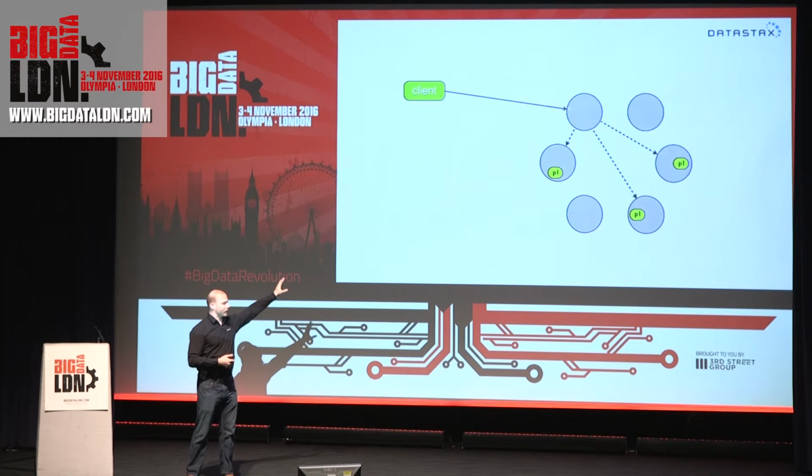And there are no masters either in this system. I've represented a piece of data, partition 1 in yellow, which can be scattered around the cluster, and a second partition could share some of those same replicas with partition 1. Critically, there's no master and no slaves, but everyone is equal in this distributed system.